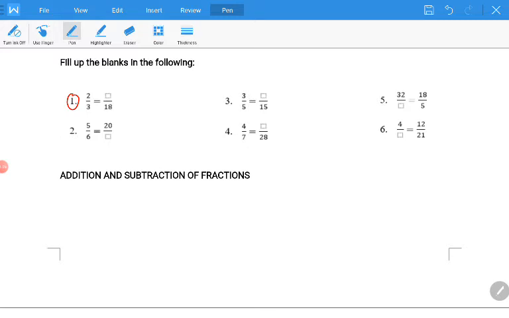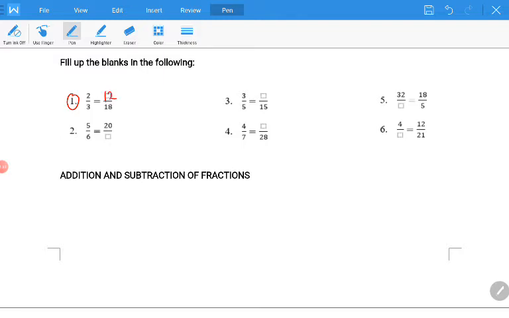This one is easier. We just say 3 into 18. This gives us 6. So to get the missing value, we just say 6 times 2, which gives us 12.